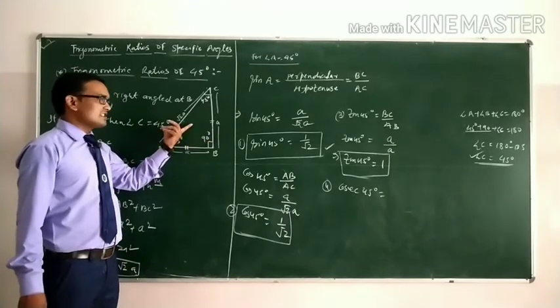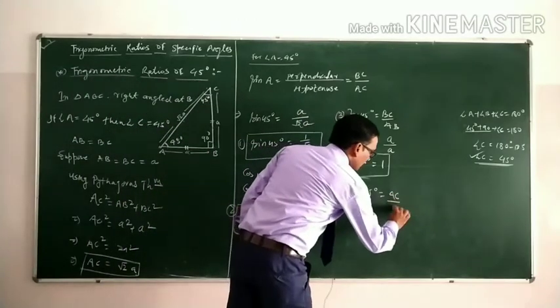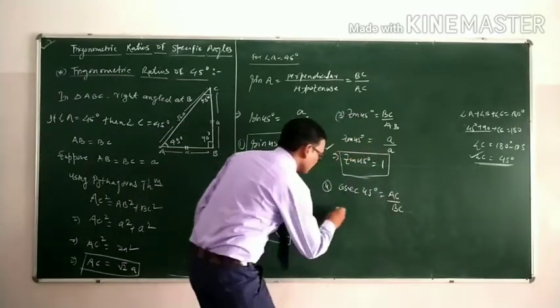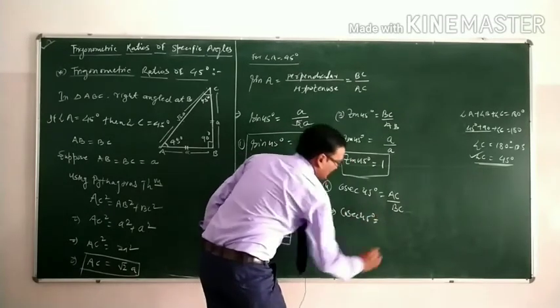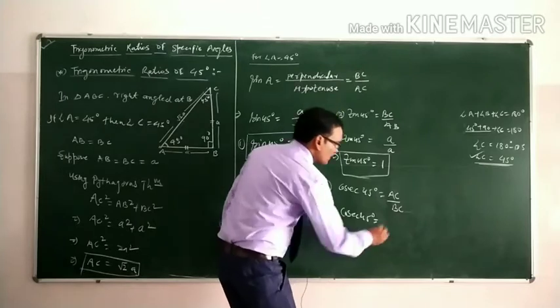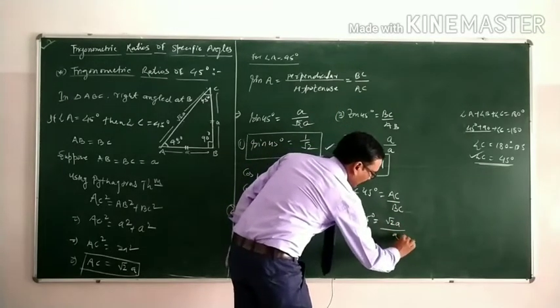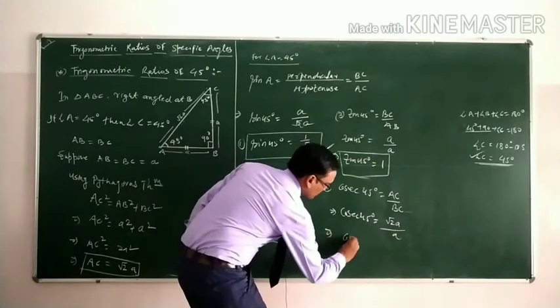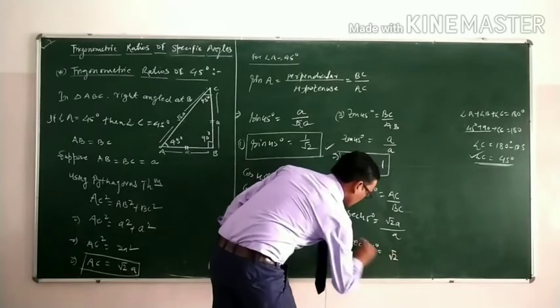Here the hypotenuse is AC and the perpendicular side is BC, so AC upon BC. Okay student. What is the value of AC? AC is square root 2A upon A. This gives cosec 45 degree is square root 2.